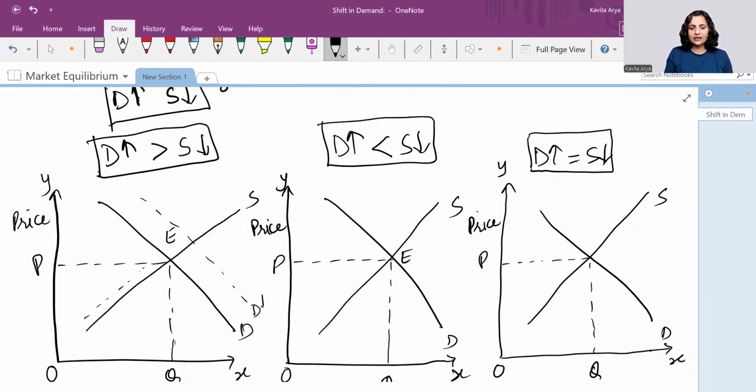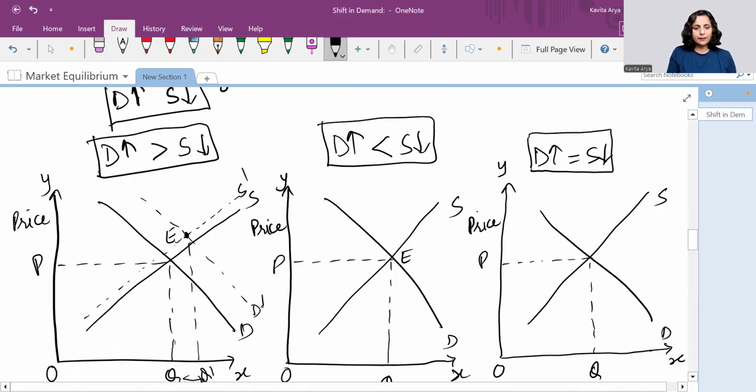So I'm showing a lesser value here, and more for demand. So what is the result? Result is this. This will result in an increase in the quantity, and at the same time an increase in the price.